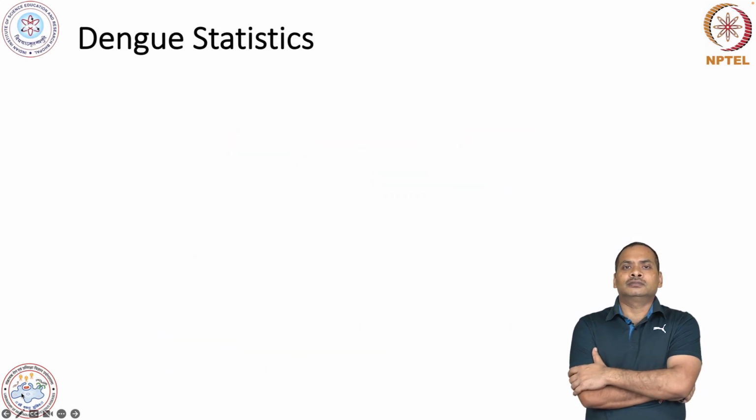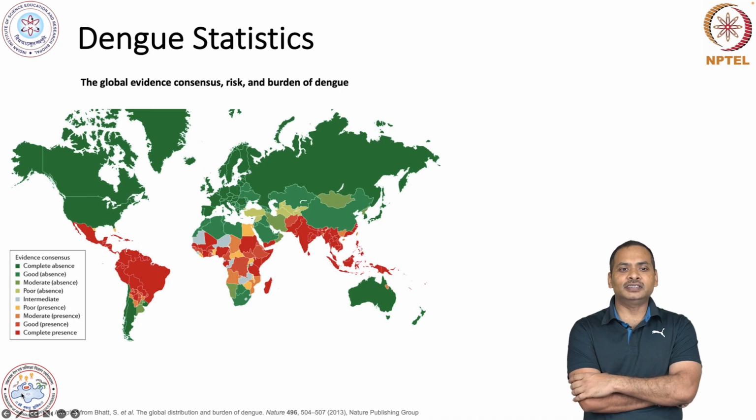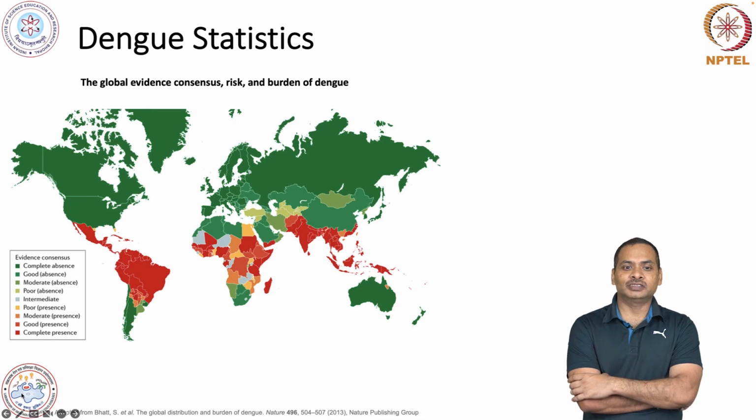Here I would like to show you the statistics of dengue. Here you can see that it is severely affecting various parts of the world, and particularly our country. In India, every part is having this dengue virus infection.